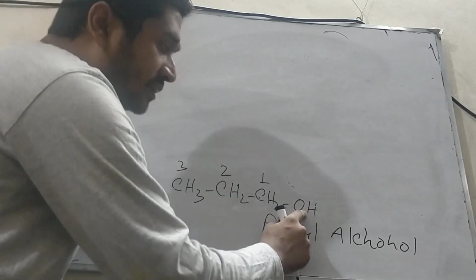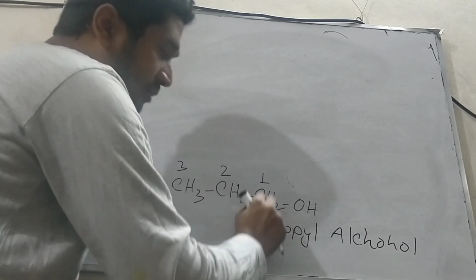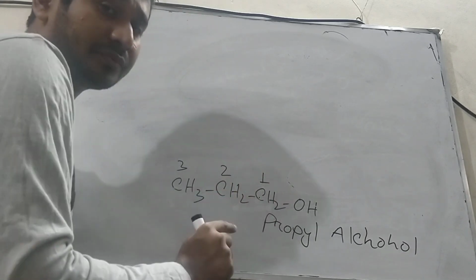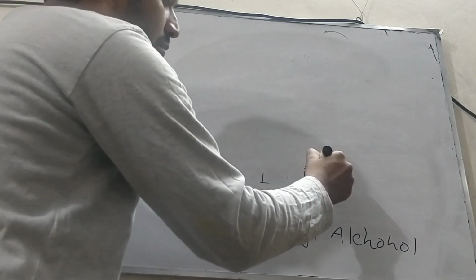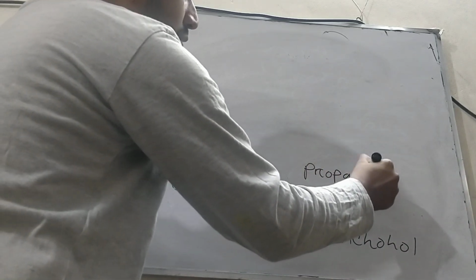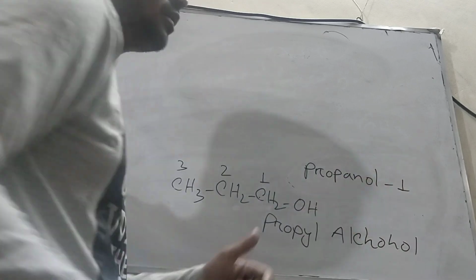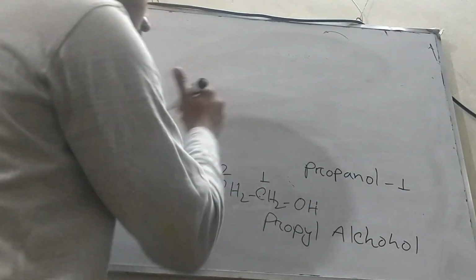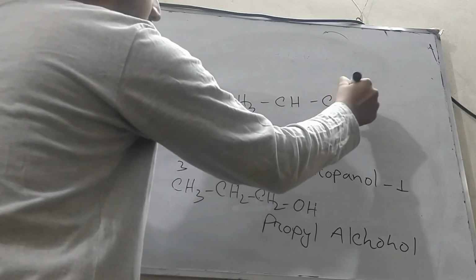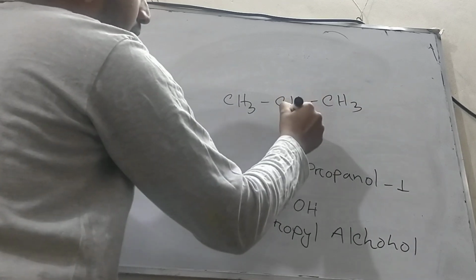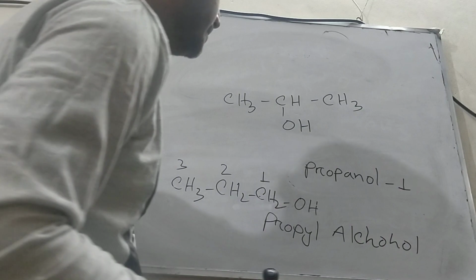Since the alcohol is situated on the first carbon, that's why it will be said propanol 1 or 1-propanol. Again CH3, CH3 and here will be alcohol.